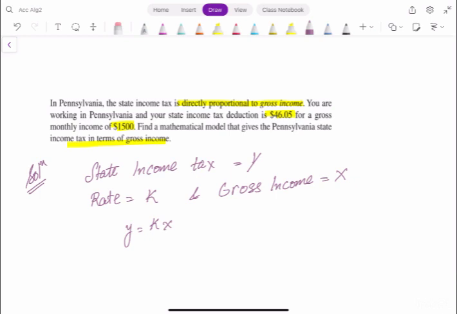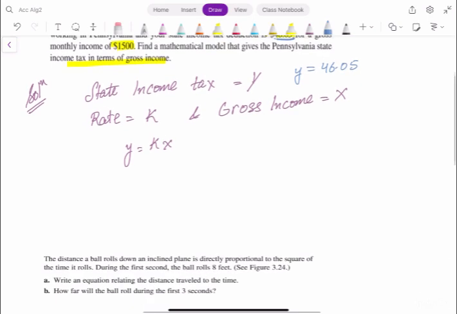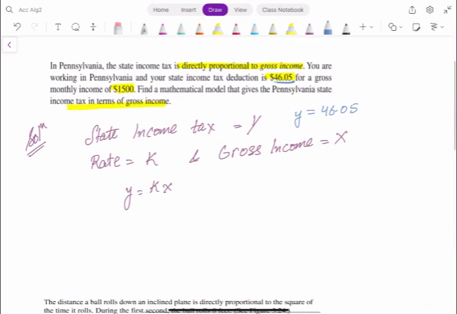Because it's directly proportional, we are multiplying the constant with the x. Let's plug in the values. The state income tax is given as $46.05, and the gross monthly income is given as 1500. If I plug everything into y = kx form, I will be able to get the value of k.